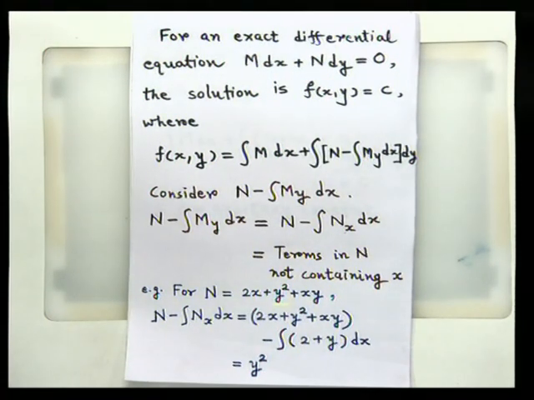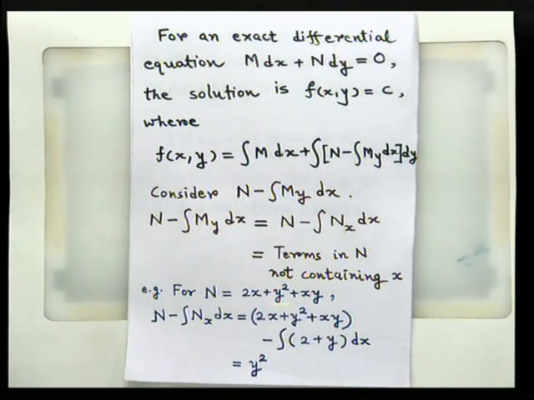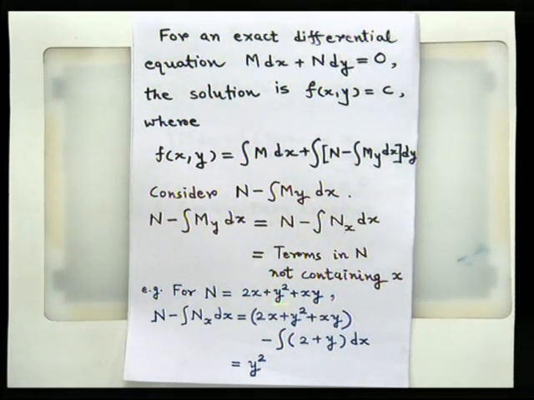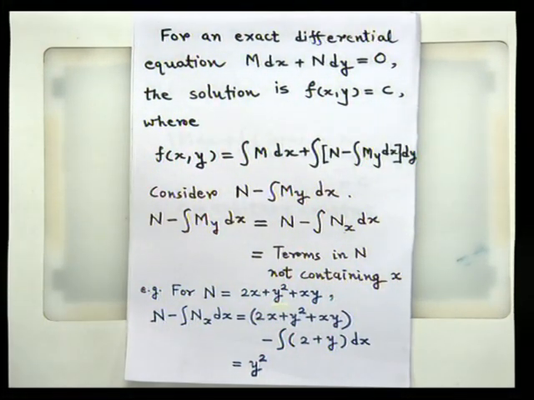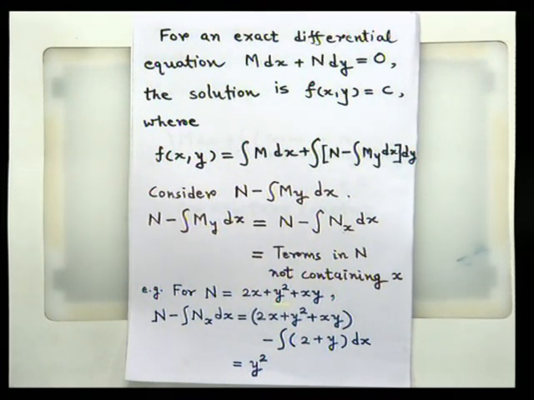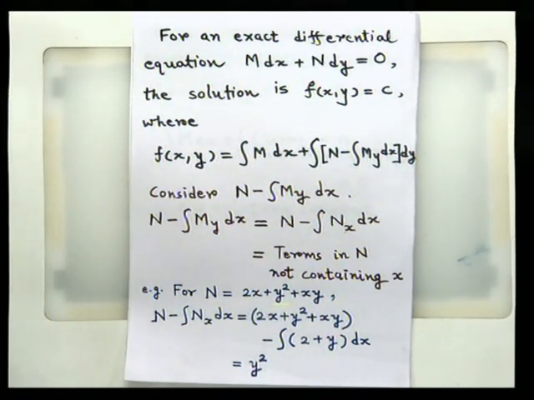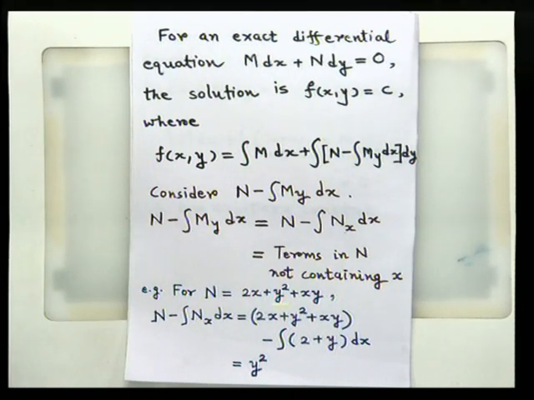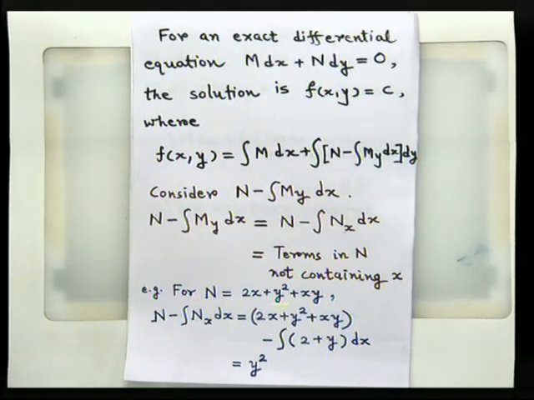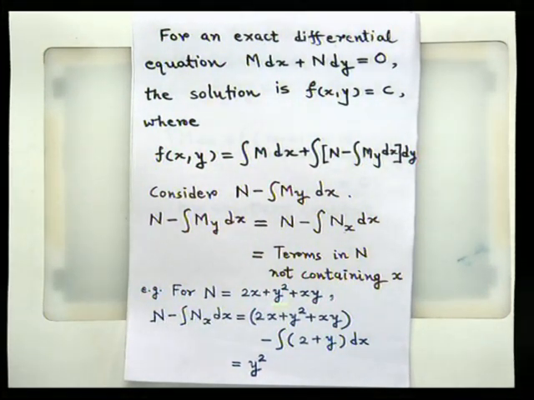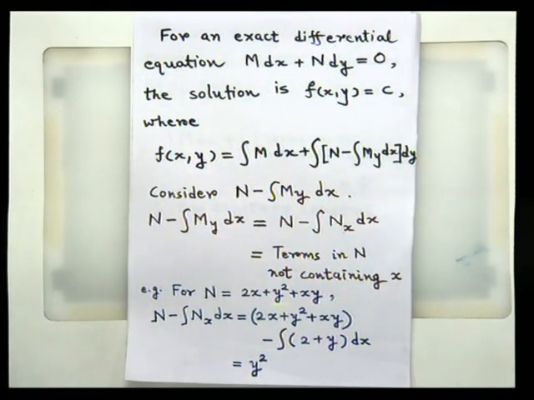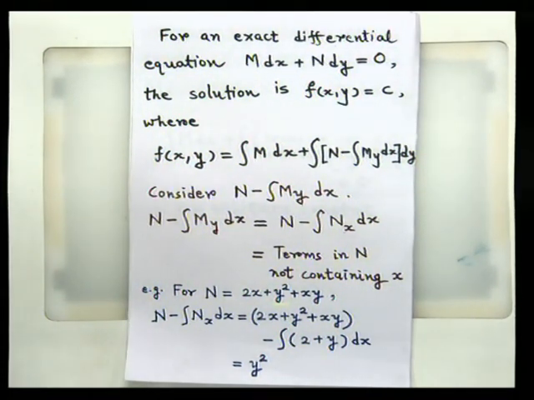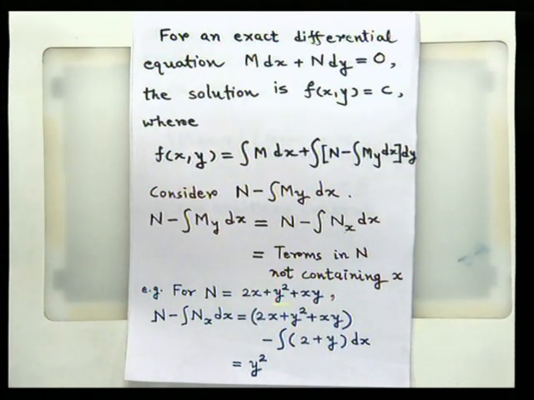So for an exact differential equation m dx plus n dy equal to 0, the solution is given by f(x,y) equal to c, where f is a function of x and y. From the equation m dx plus n dy equal to 0, we consider m and n, and using these we can give the solution as f(x,y) is equal to integral m dx.